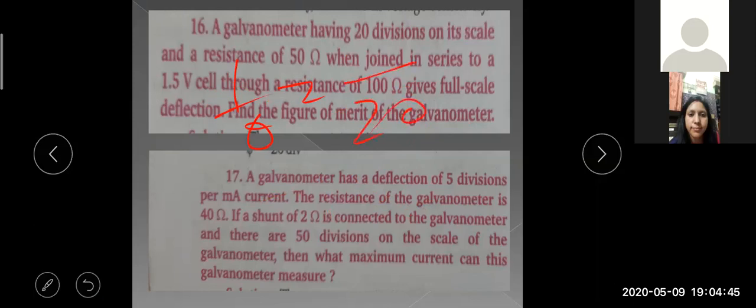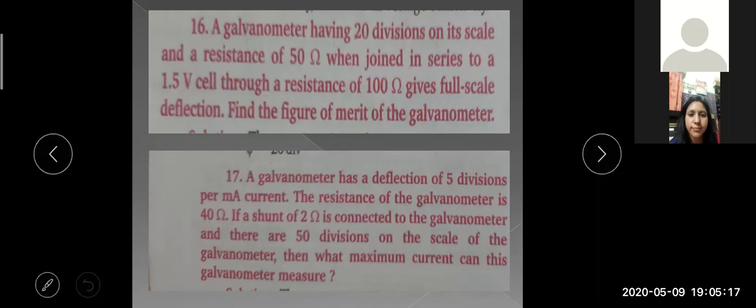Now the next question: the galvanometer has a deflection of 5 divisions per milliampere current. The resistance of the galvanometer is 40 ohm. If a shunt of 2 ohm is connected to the galvanometer and there are 50 divisions on the scale of the galvanometer, what is the maximum current this galvanometer can measure?